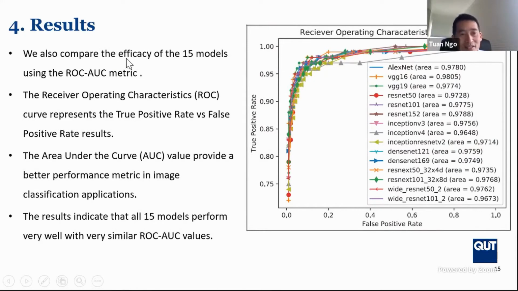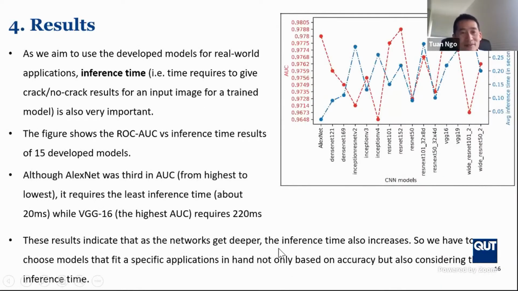We also compared the efficacy of those 15 models using another technique. Again, it showed really good results, and of course it can be applied in other cases. Another important factor is the inference time. How quickly can we predict and assess those images? In this case, we found that, for example, VGG requires about 220 milliseconds to assess.